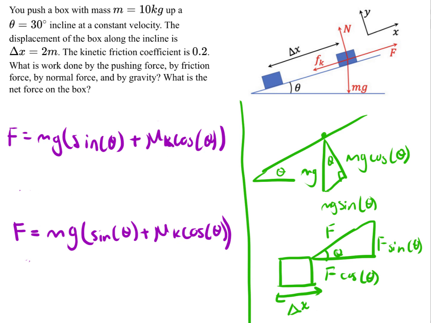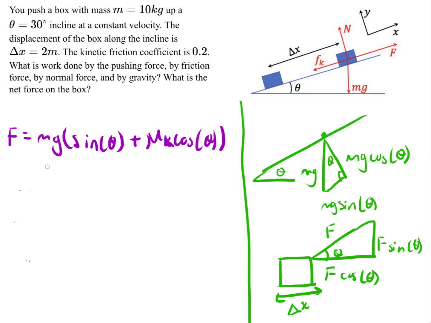Now, if you remember, work is a force over a certain displacement. So you are applying a force over a certain distance. So you can simply write that the work done by the pushing force is equal to the force of the pushing force times the displacement done by the pushing force.